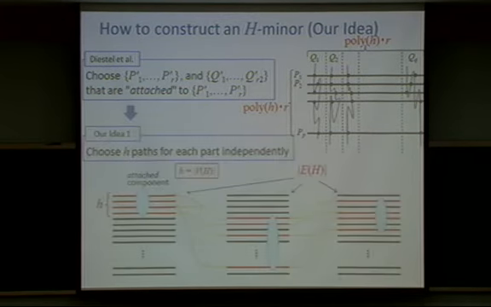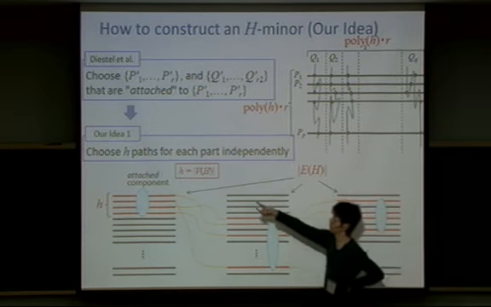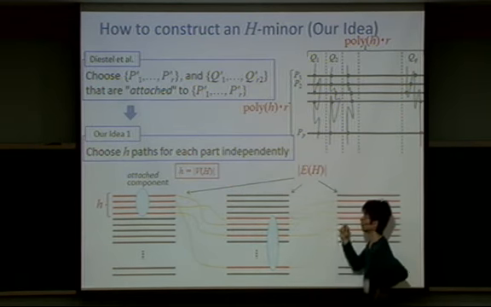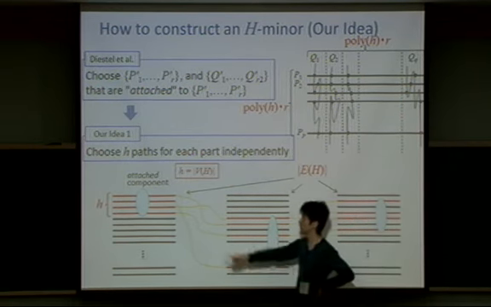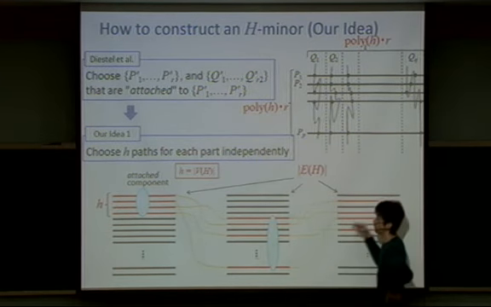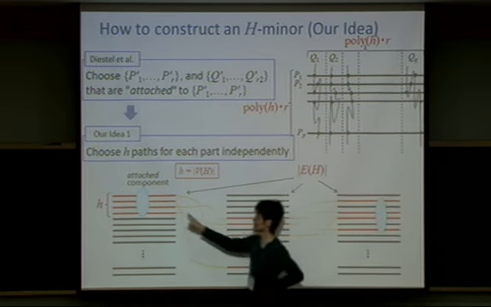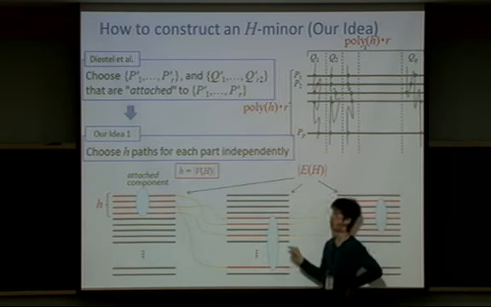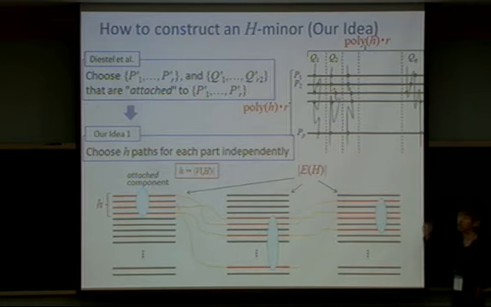So our first idea is that we choose each path independently. That is, we divide horizontal paths into many paths, and we choose each path here, and we choose another path here, and we choose another path here.